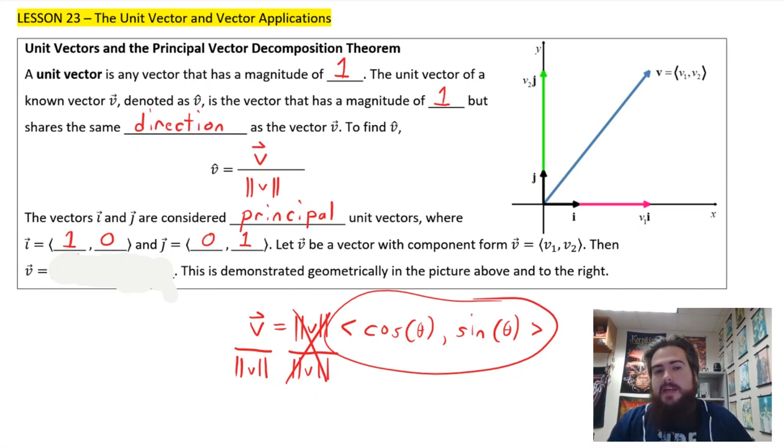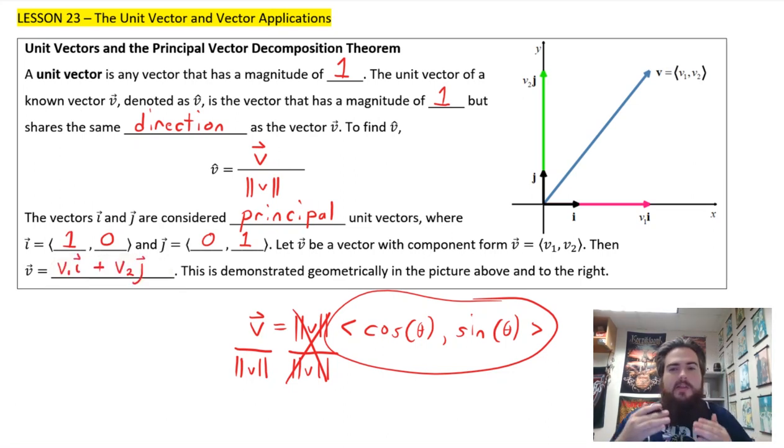We can then let v be any vector with components v1 and v2, and we can rewrite v using those principal unit vectors. What that would look like is if you write v instead as the first component of v times the i vector, plus the second component of v times the j vector. Here we are essentially treating v1 and v2 as scalars on the vectors i and j.